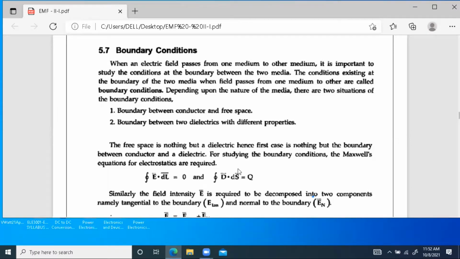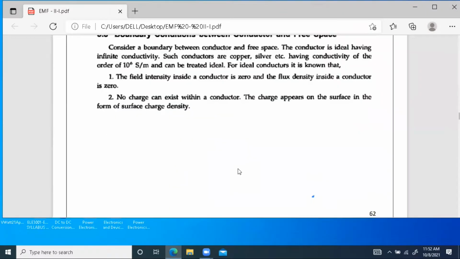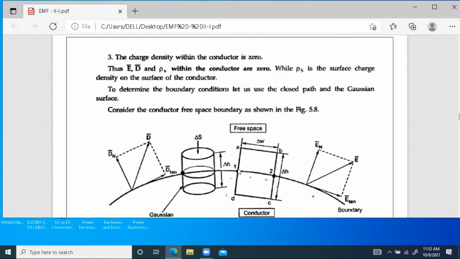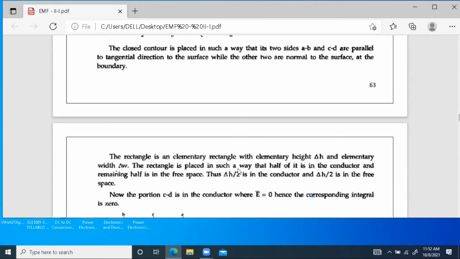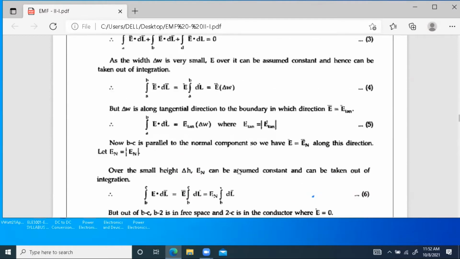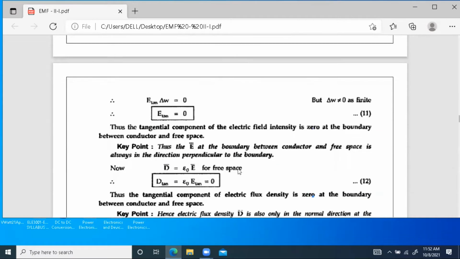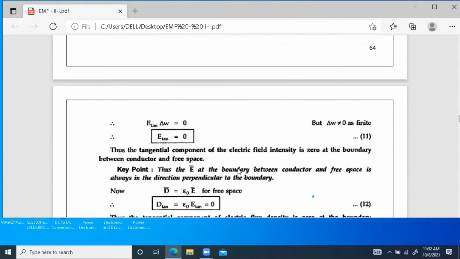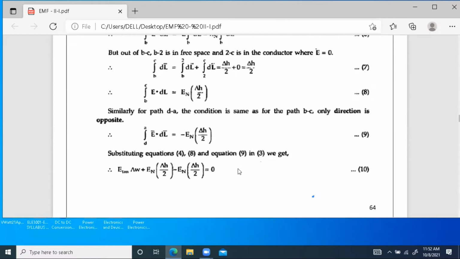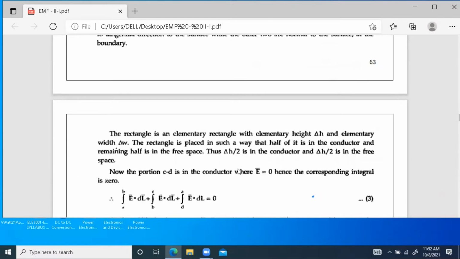We're gonna do boundary conditions for half an hour, and then we're gonna do some examples. All right, sir. So see you at 2.